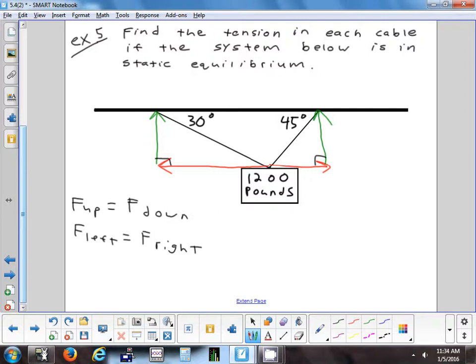Now the angles that they've given me are really outside my triangle. I want the angles inside. Starting with the triangle on the left, what would the angle at the top be? 60. And then the angle at the bottom? 30.